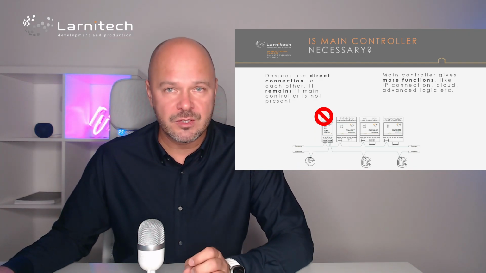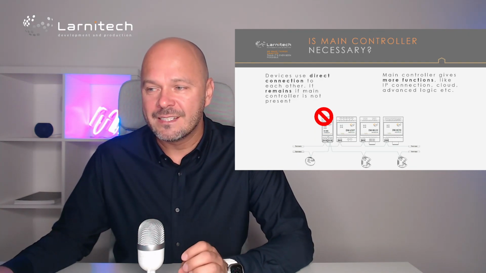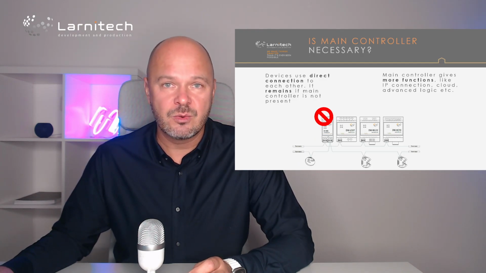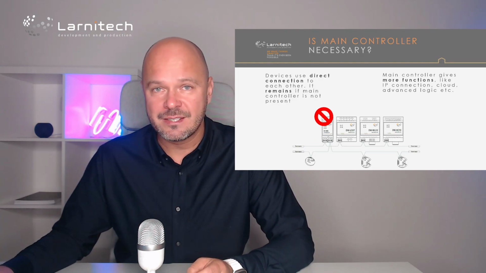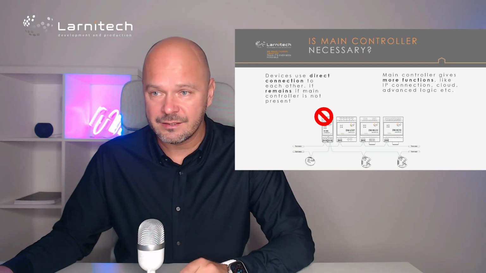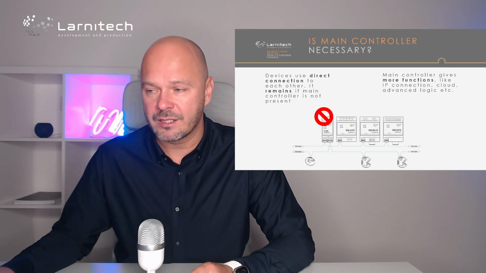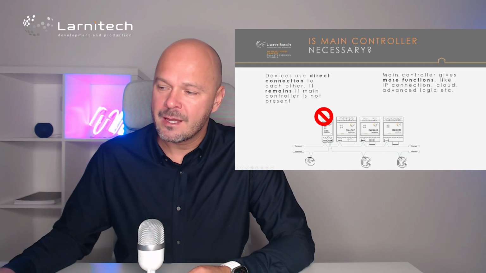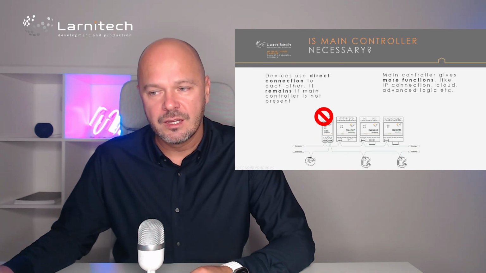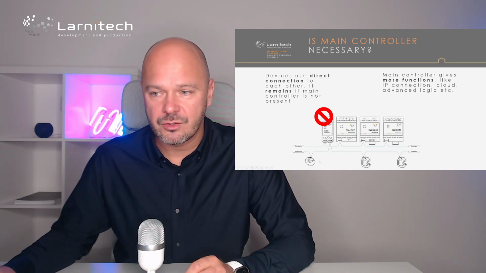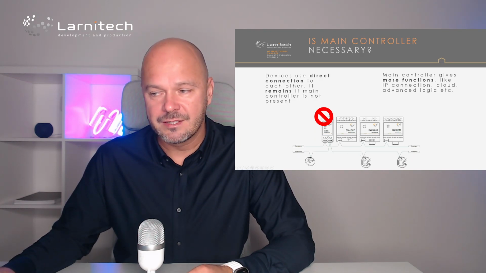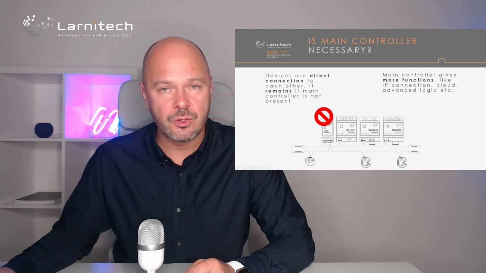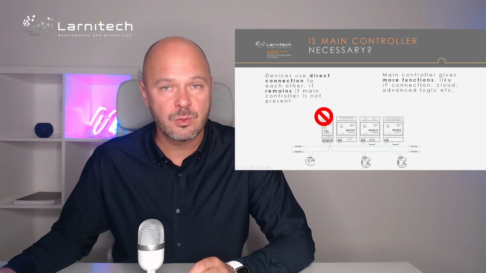We use distributed intelligence, where devices talk to each other directly. And if the main controller is not present, devices in the bus will still be talking to each other directly. So if this device has the connection to the switch, and this device has the connection to the movement sensor, and they want to control this device, they will do so without going to the main gateway.